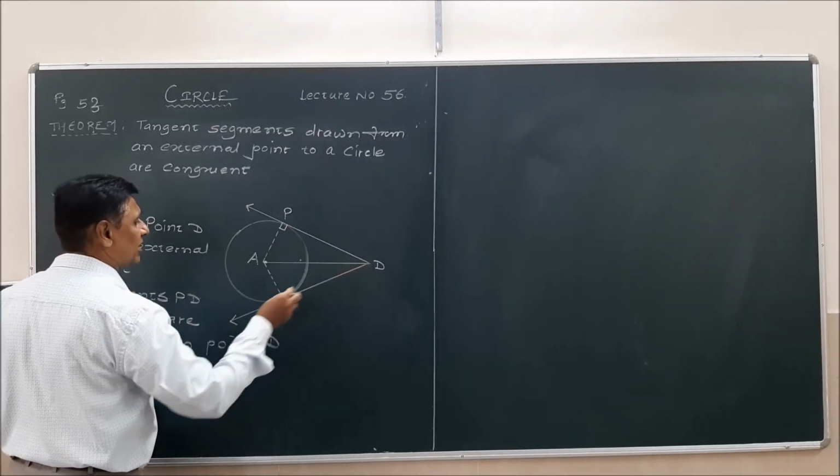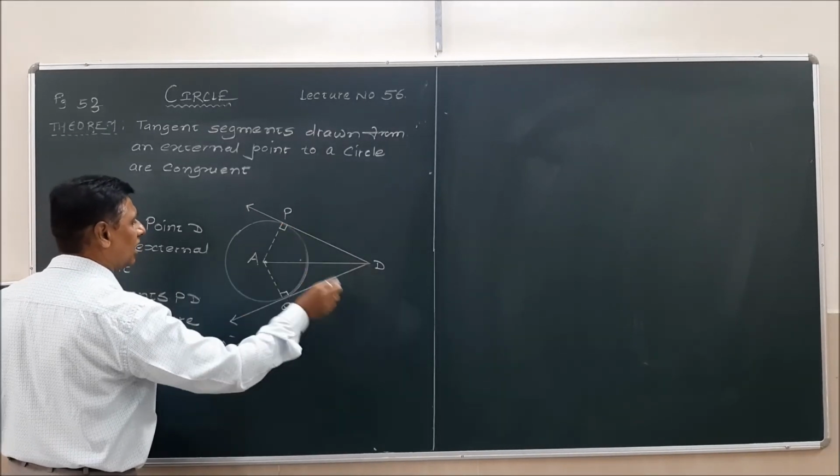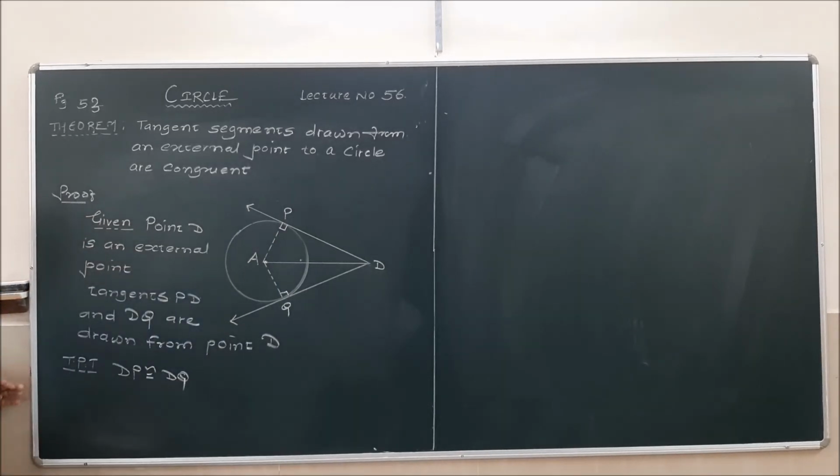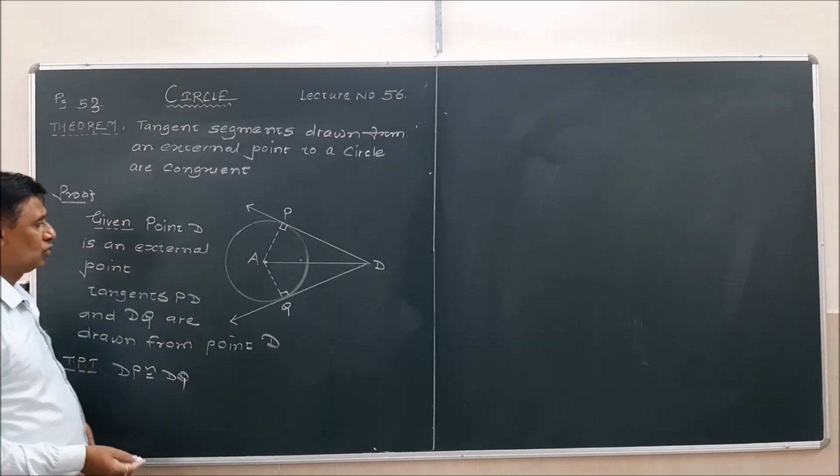Tangents drawn from the same external point to the circle are congruent. That is what we have to prove. DP is congruent with DQ.